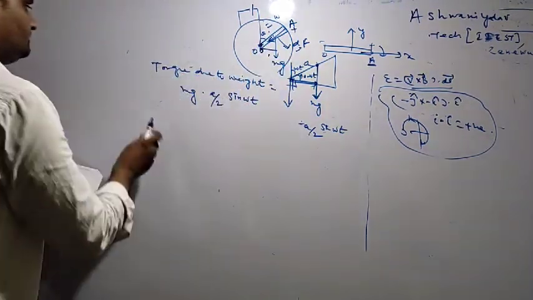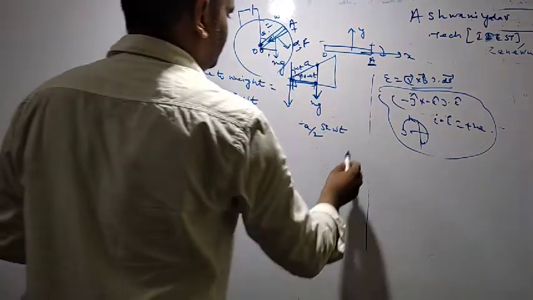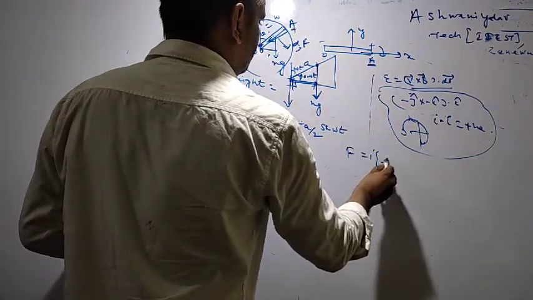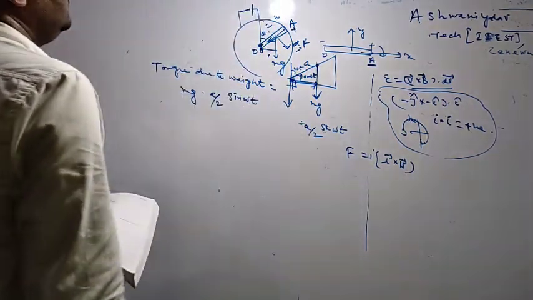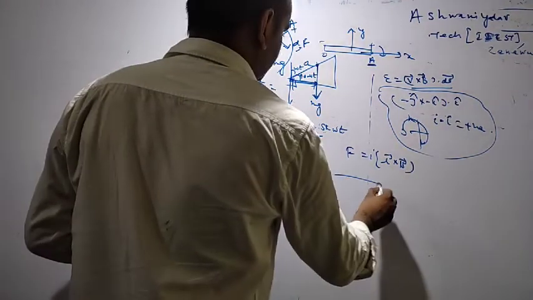So net torque, you just calculate the direction of the force, I L cross B, like this.